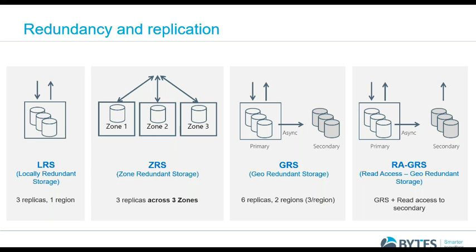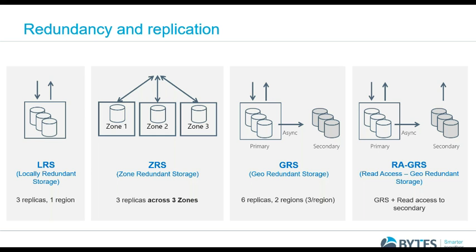So if you have a solution that's say deployed in UK South and you're replicating to UK West, for some reason, if you need a solution to be able to read from both locations because you have users that get better performance from reading from UK West, then you can actually have a solution which allows them to read from that, but you won't be able to write to that secondary location.